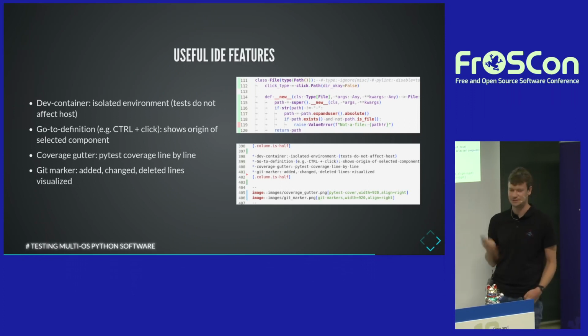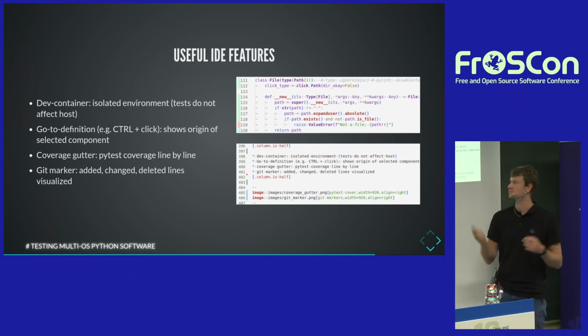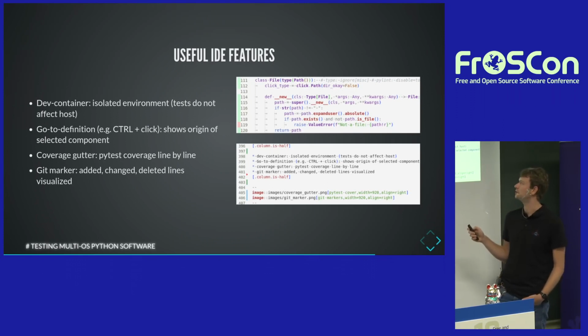So I can use this to identify parts of the code that I should write tests for, because it is unchecked. In this case, this is again a real-world example. Here, apparently, we didn't check for the case where the file object we want to create points to a path that doesn't exist.